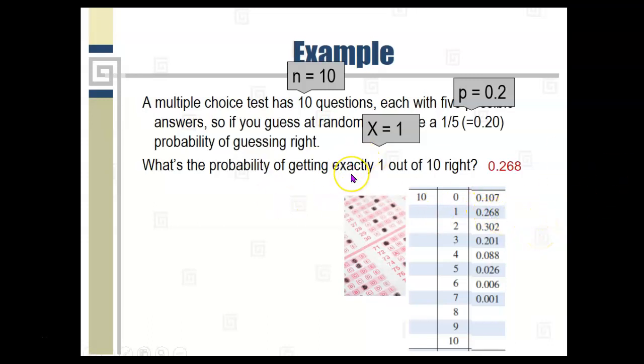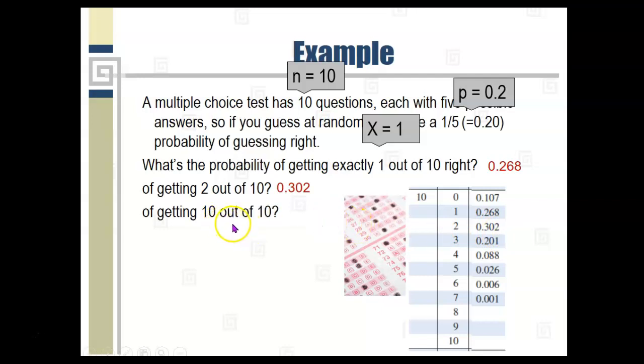So that's the answer to that question. What's the probability of getting 2 out of 10? So same n, same p, but this time the x would be 2. So the answer to that question would be 0.302.